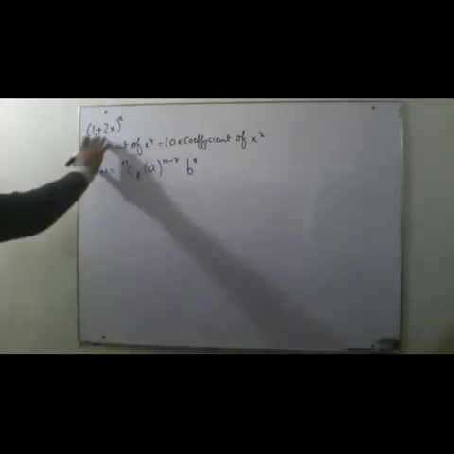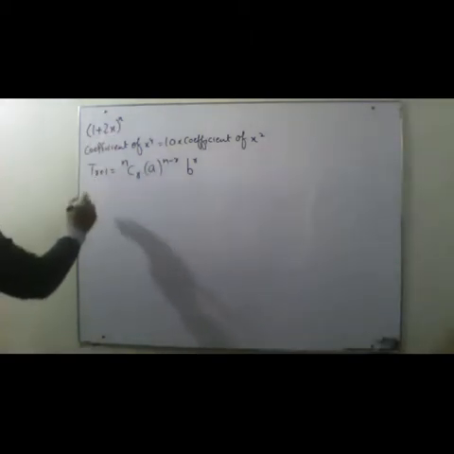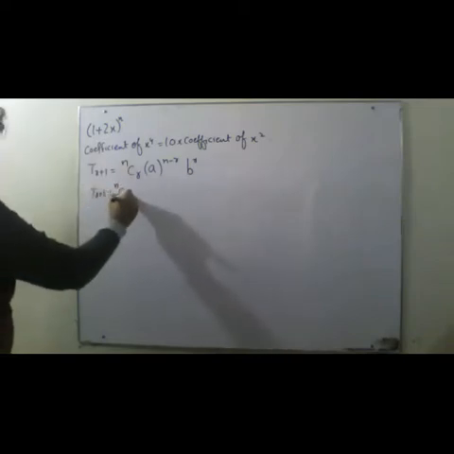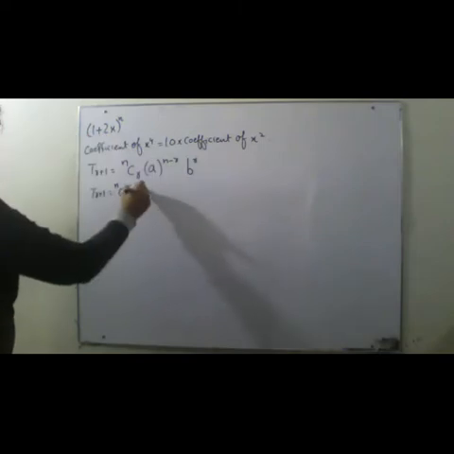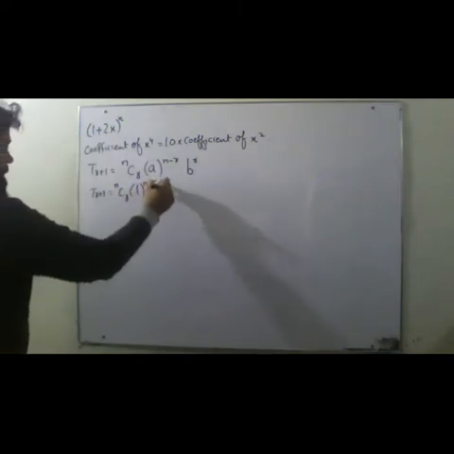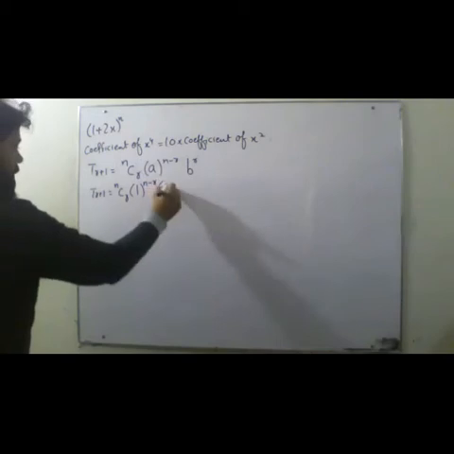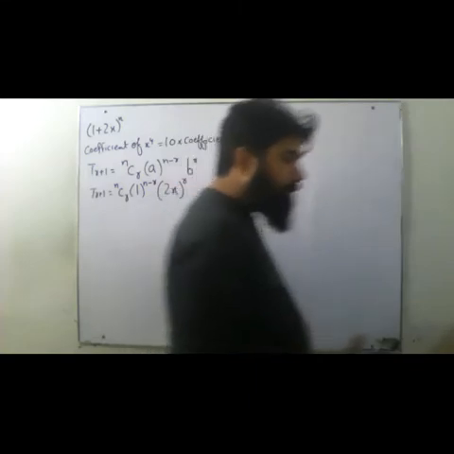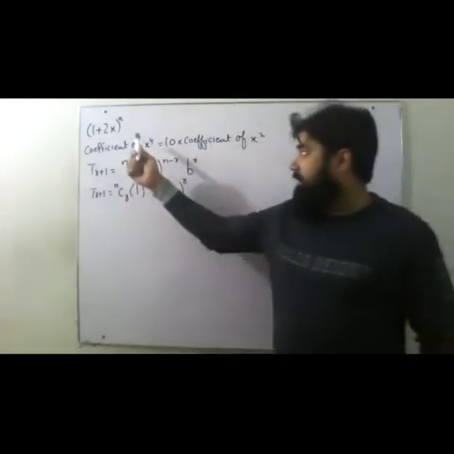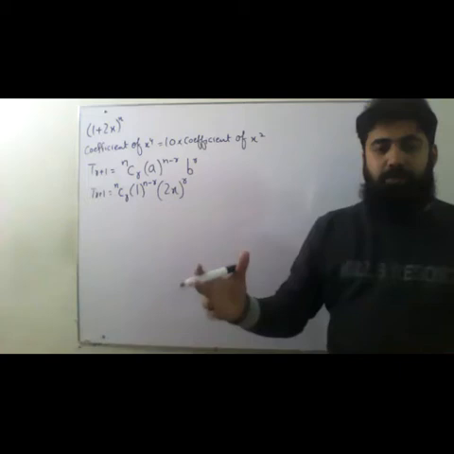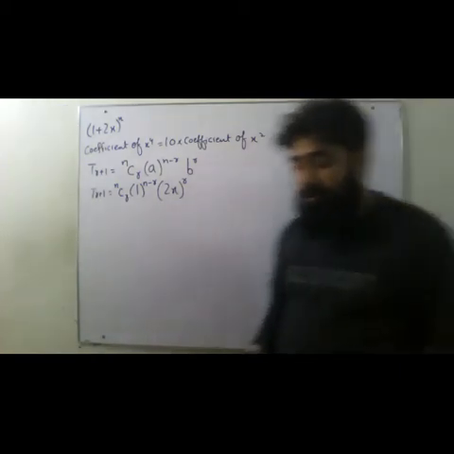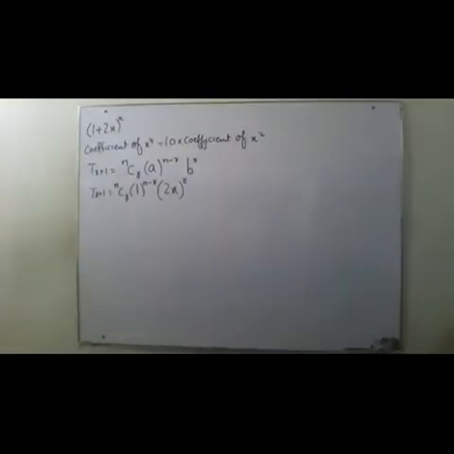Now comparing it with this one, I don't have the value of r, so I'm writing T r plus 1. I don't have the value of n, nCr. Value of a I have got, 1 to the power n minus r, and the value of b is 2 times x, whole power r. Sometimes a student goes directly, okay sir, this is x power 4, so it can be third term or fourth term, or if it is x square, then it can be second term or third term. Sometimes it can be correct, but sometimes it cannot be.